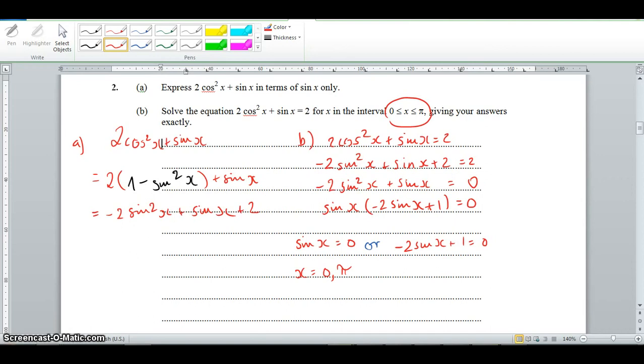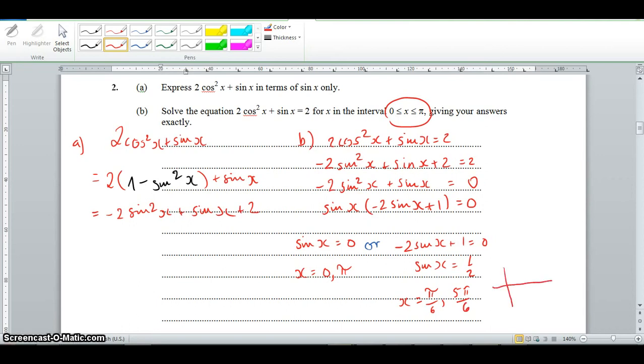And if you continue solving this equation, you get sine x equals a half. And from this, using the unit circle, or special triangles, or whatever method, you get pi over 6 and 5 pi over 6.